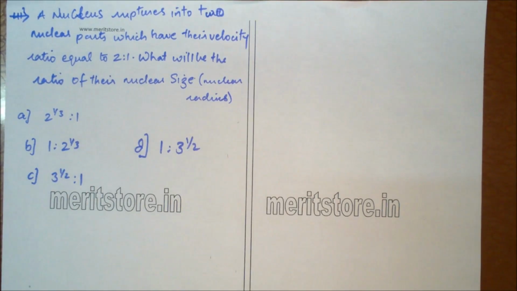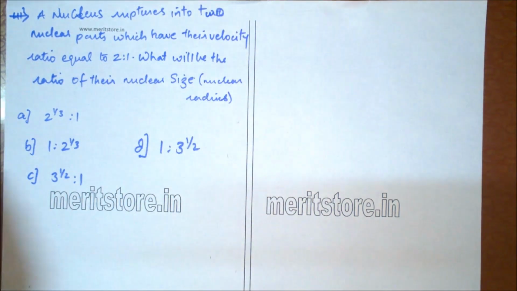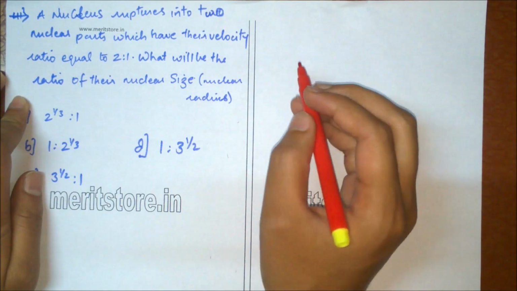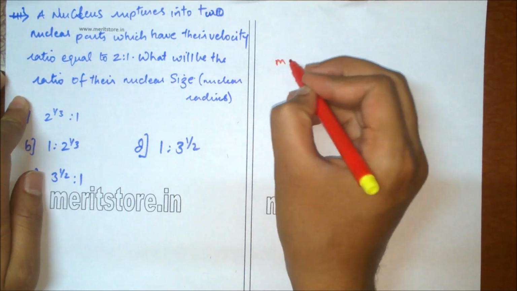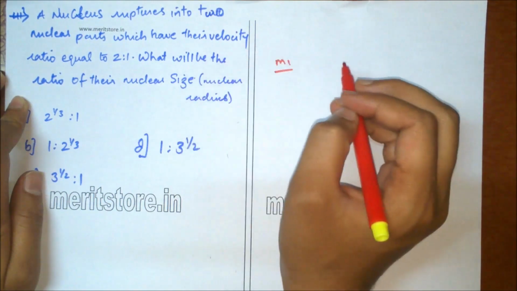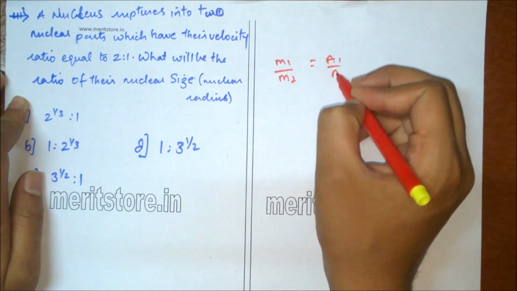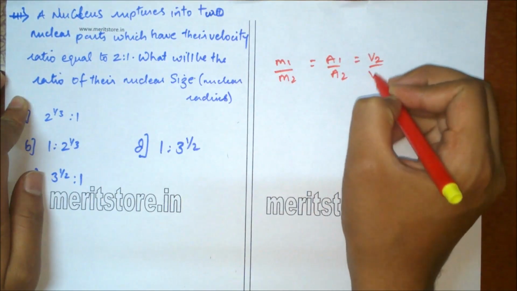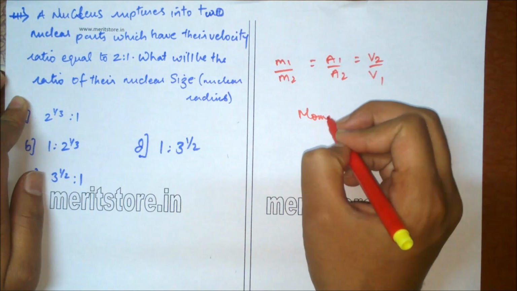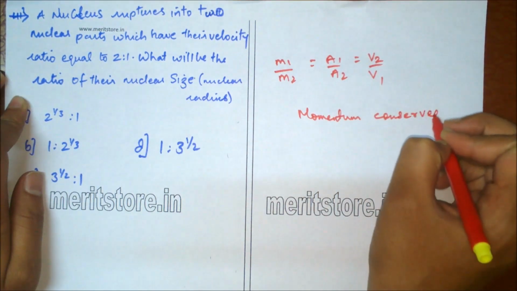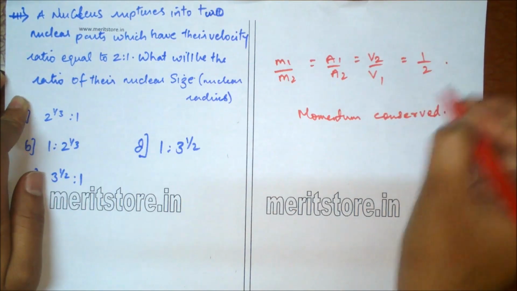A nucleus ruptures into two nuclear parts which have their velocity ratio equal to 2:1. What will be the ratio of their nuclear size or nuclear radius? So as the momentum is conserved, the mass m1 upon m2 is equal to A1 upon A2 equal to v2 upon v1, which is equal to half.